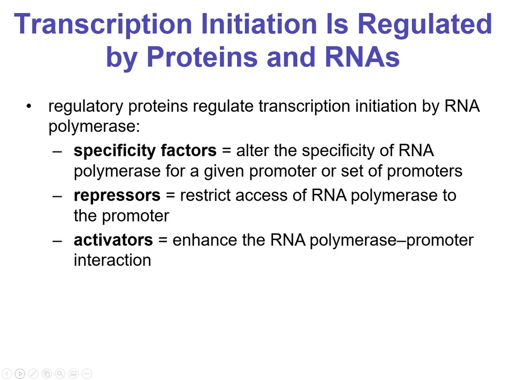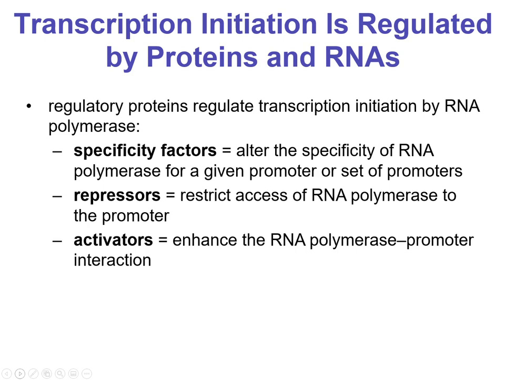There are other sigma factors, but sigma 70 is responsible for the majority of the work in bacteria. However, those other specificity factors can guide the RNA polymerase to other promoters to induce the formation of those transcripts.